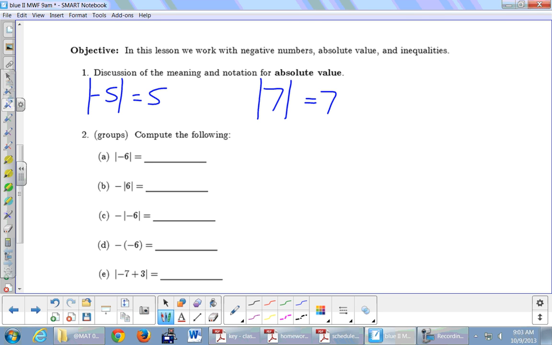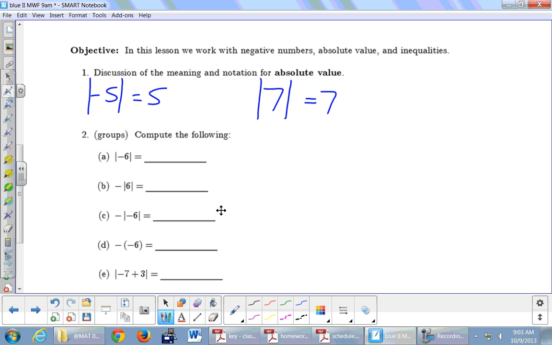Who can explain the rule that tells you what absolute value means? Absolute value just basically says what's the numerical value of the number as opposed to like a negative sign. Mm-hmm. Is it also true for exponents?